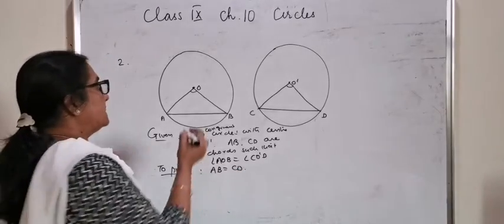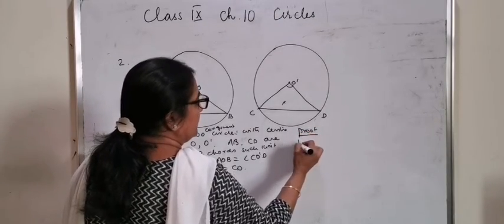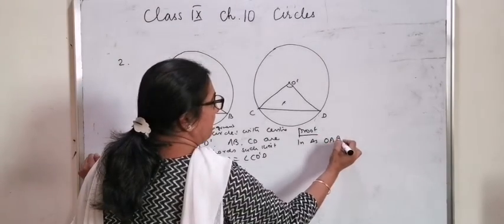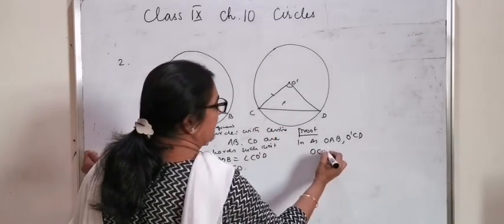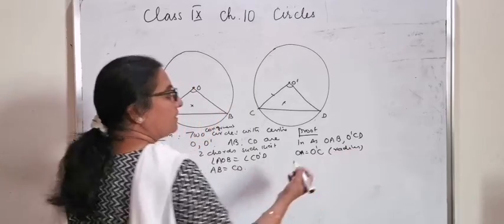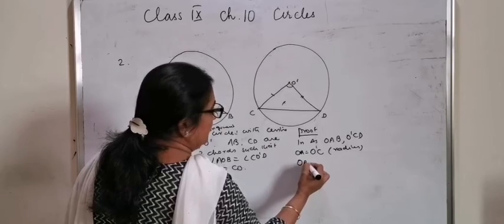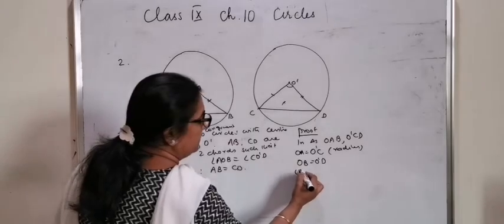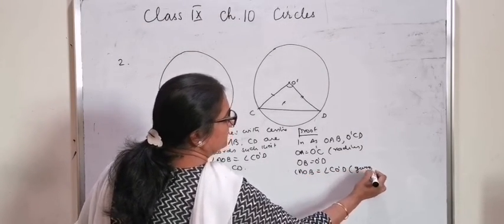The proof is the same: you have to prove the triangles are congruent. In triangles OAB and O'CD, OA is equal to O'C, radii of the congruent circles. OB is equal to O'D, and angle AOB is equal to angle CO'D, given.